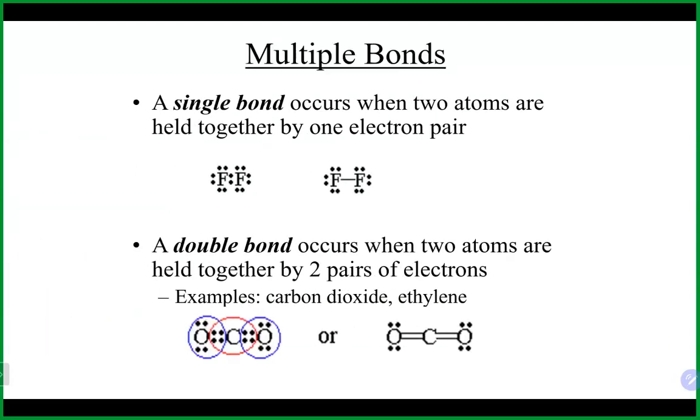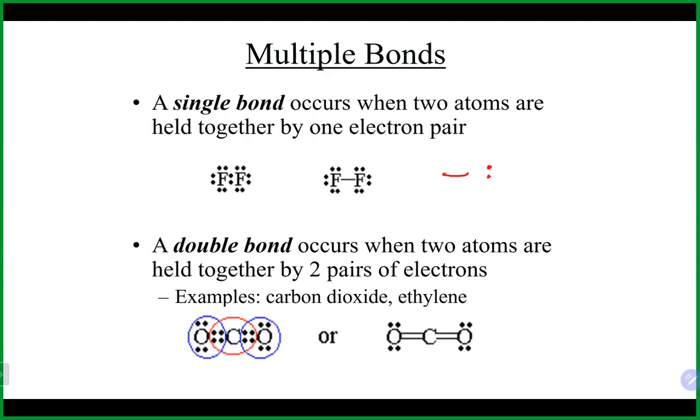All right, so a single bond, once again, can be represented by a single line, which represents a pair of electrons, or a grand total of 2. In the case of fluorine, that's all it needs. It just needs a single bond. It doesn't need a double bond or triple bond to achieve that.